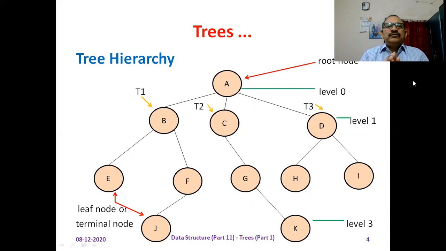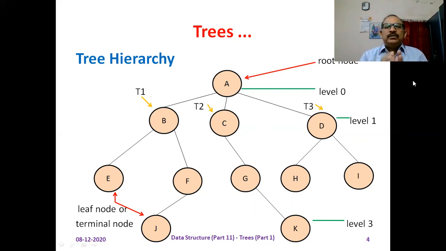Let us see this figure. This figure depicts a tree hierarchy. Topmost node of this hierarchy is called the root node. A root node is one which does not have any parent node.